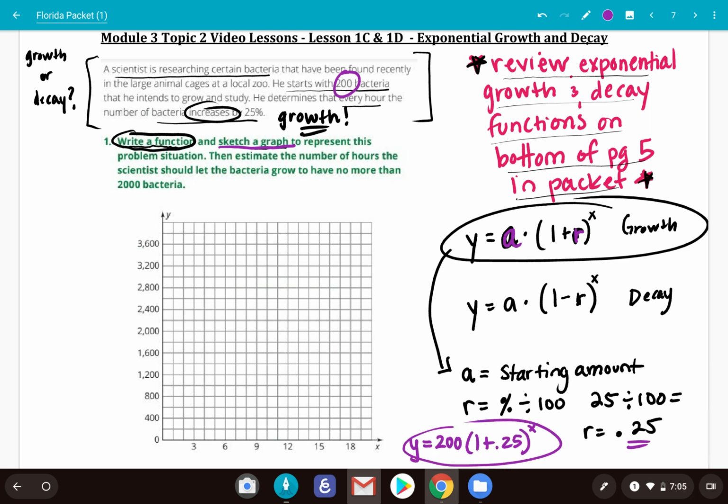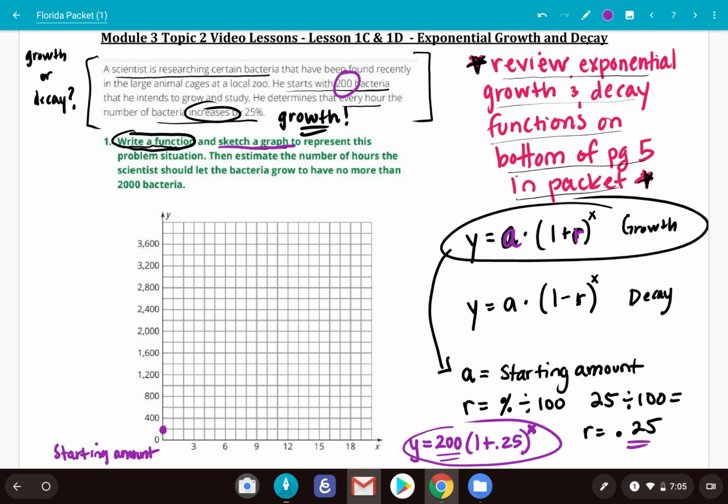We already know it's starting at 200, so that's going to be my starting amount. So I just have to figure out after a certain number of hours what my function is going to be worth. So I can either graph it and then sketch it, or you could use Desmos and substitute in different values for x.